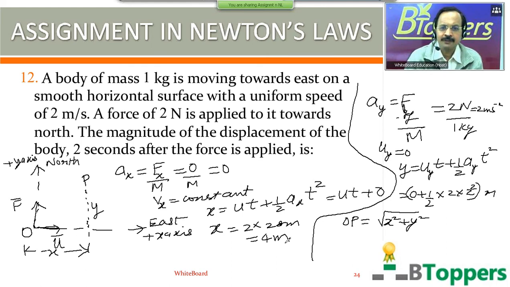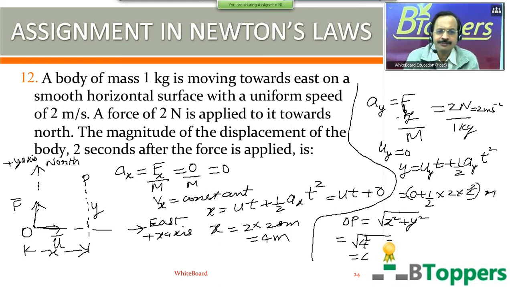Of course, if you want to write the answer in vector form, displacement from origin in time t, you can write x i cap plus y j cap. So here x equal to 4 meters. If you simplify, y also you get 4 meters. You get the answer as 4 root 2 meter.